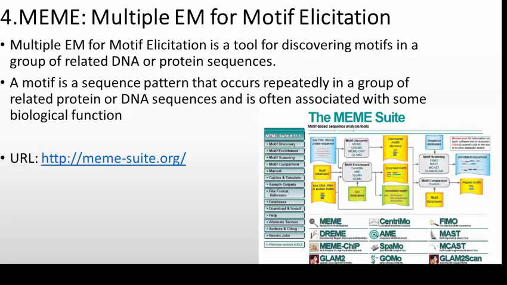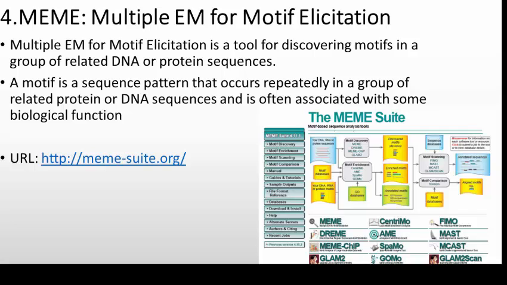MEME means Multiple EM for Motif Elucidation. This is another tool which is used to discover de novo motifs that are present in our sequences. The importance of this tool is to find novel or new motifs that are present in our sequences.